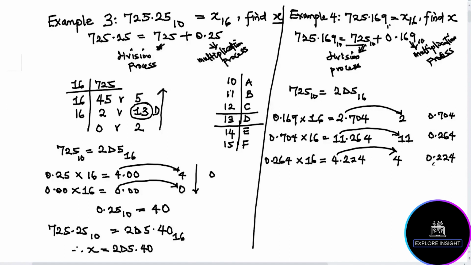Now, let's continue. 0.224 multiplied by 16 will give us 3.584. Now, move the 3 over here. We'll have 0.584.